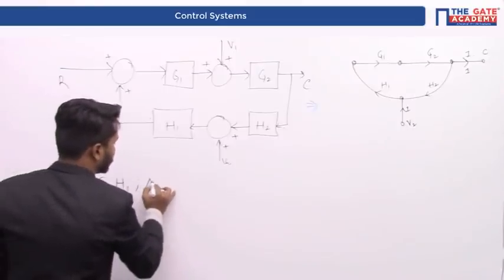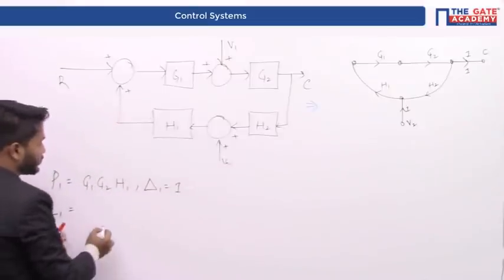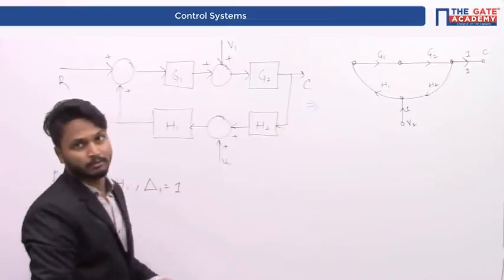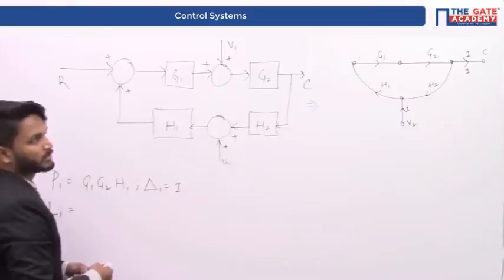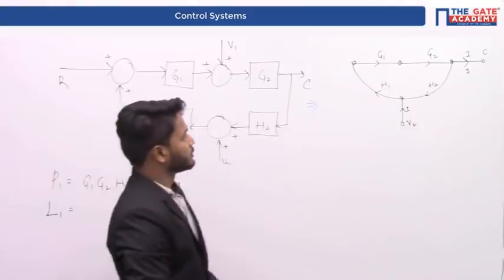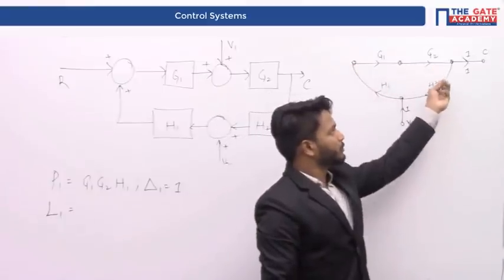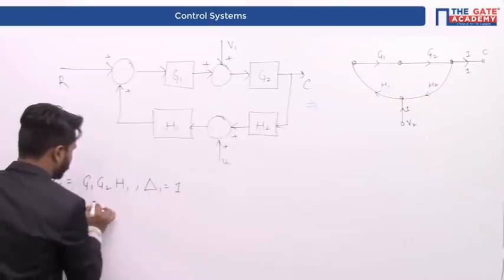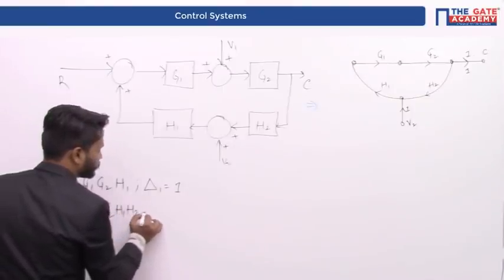Delta 1 will be is equal to how much? It is simply 1, because there are no loops which are not touching the first forward path. Next, the only loop present is H1 multiplied by G1 multiplied by G2 multiplied by H2. Therefore, the loop is G1, G2, H1, H2.